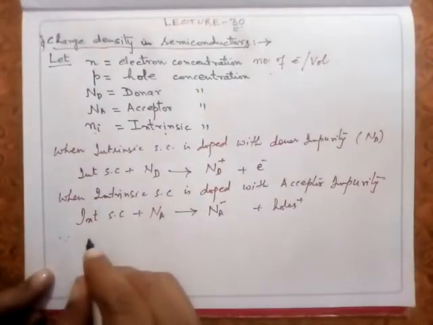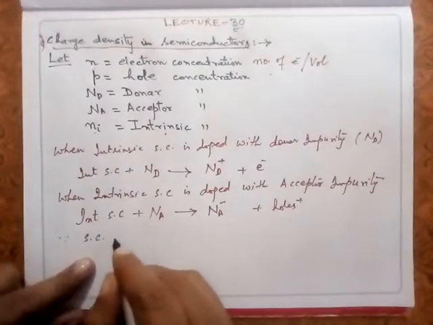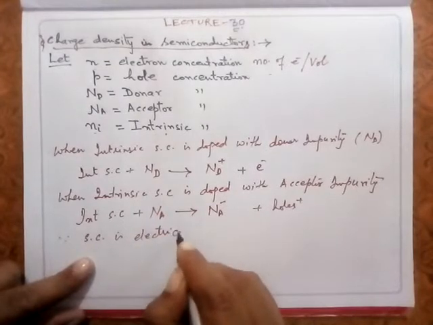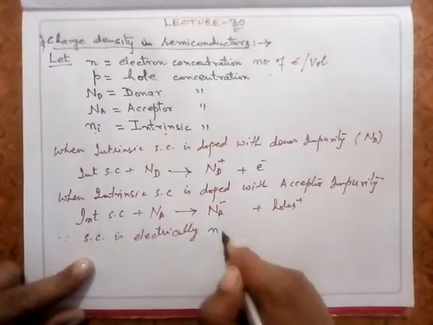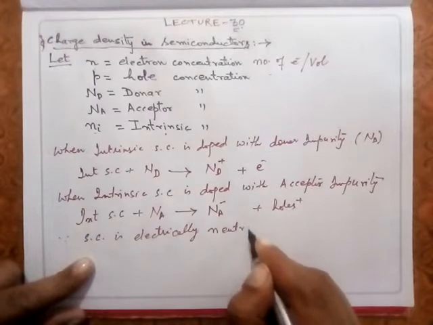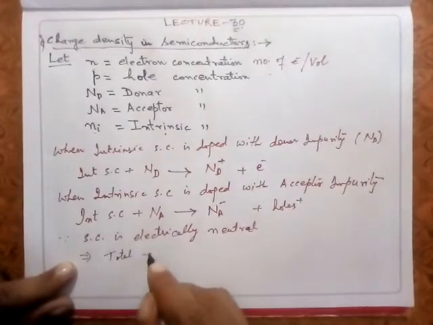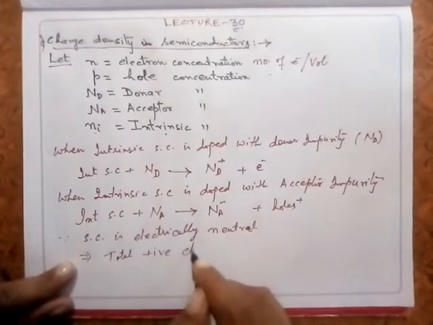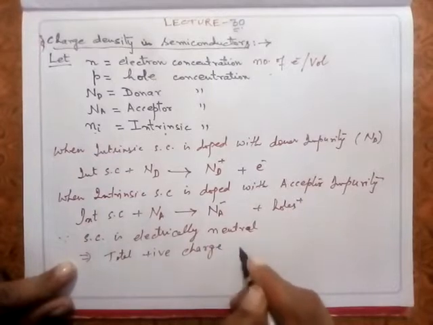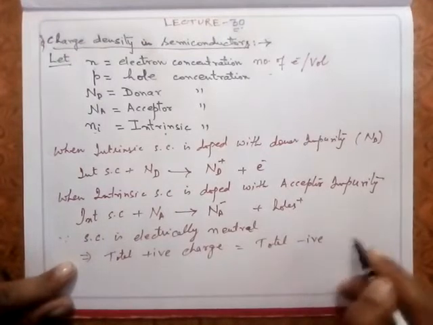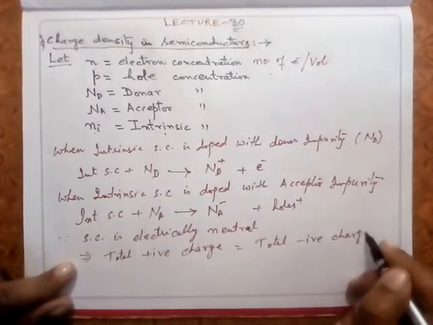Now since the semiconductor is electrically neutral, this implies that the total positive charge is equal to the total negative charge.